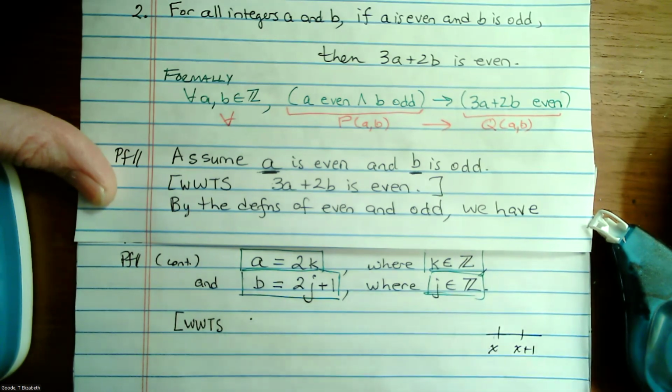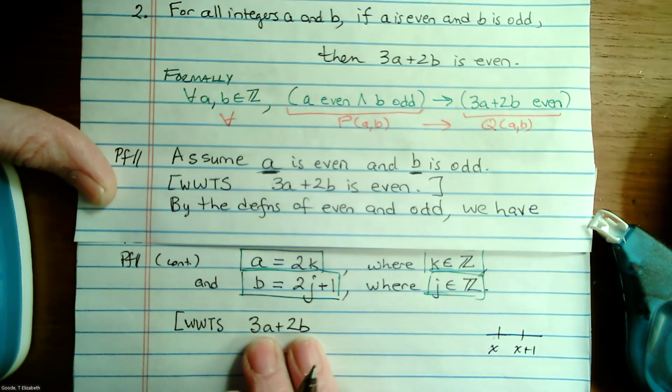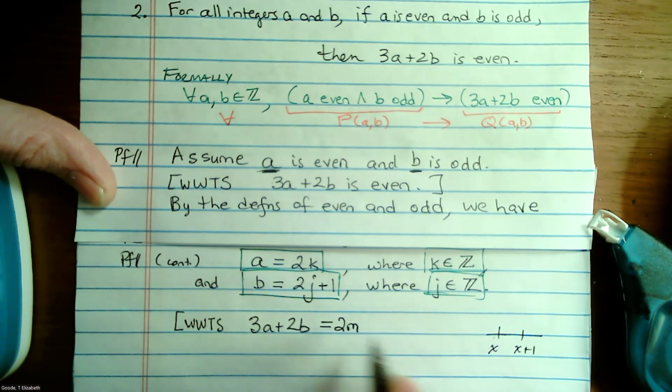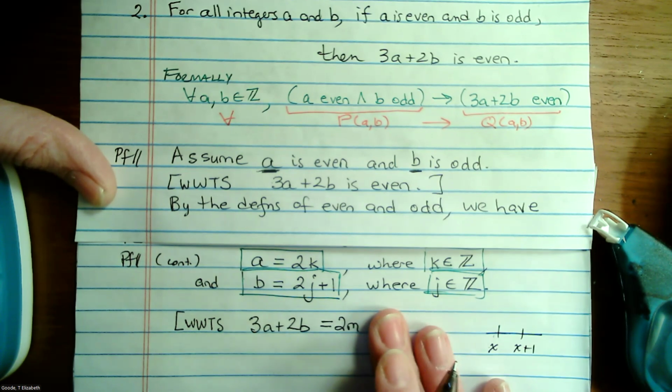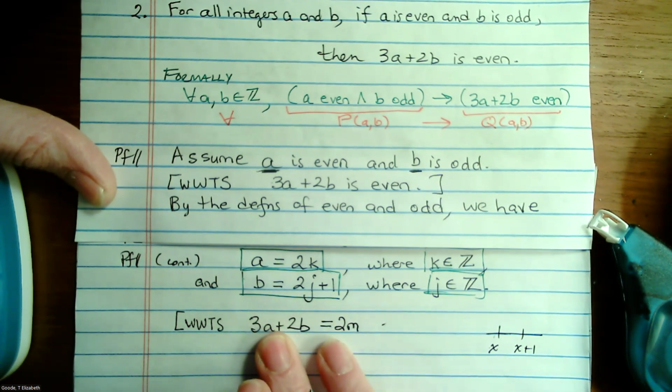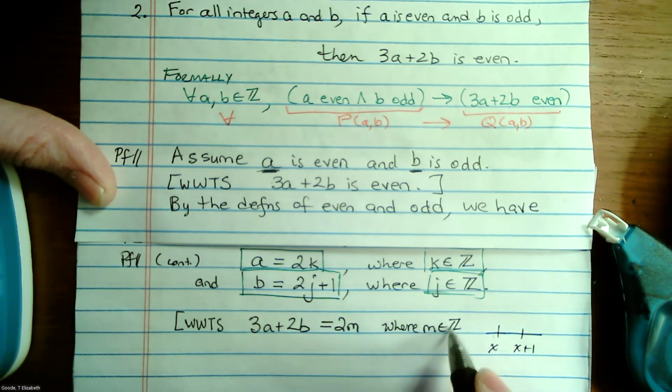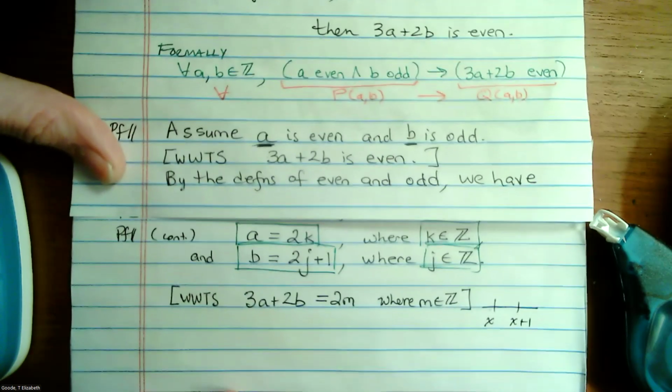This expression 3a, as it stands right there by itself, it's an expression, not a statement. But if we say we want it to equal 2m, that is a statement. An equation is actually a statement. But then we could even add a little bit more and make it a little more interesting statement to complete our wish. And we're going to need to make sure m is an integer.